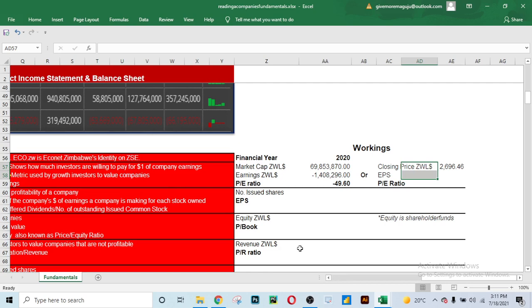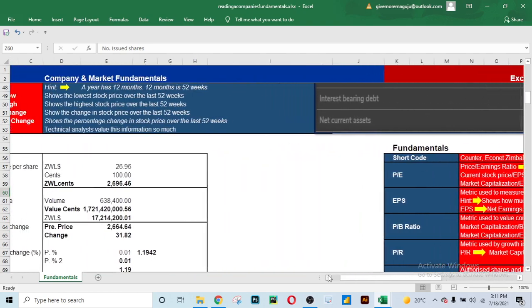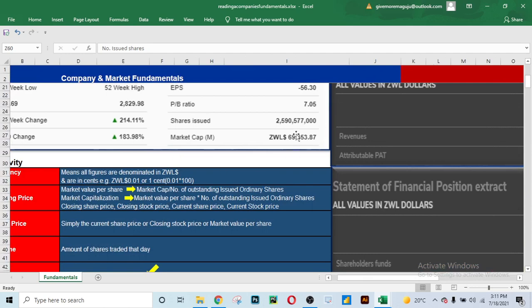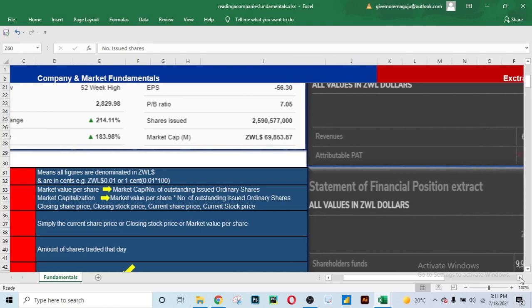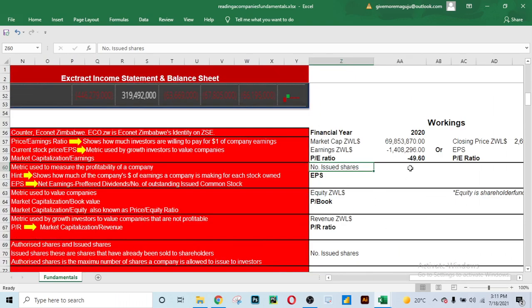Okay, so we've got our earnings figure there, which is fine. So we need the number of issued shares, right? So the number of issued shares, we get it here. Right, this is the number of issued shares, 2590577. Right, that's the number of issued shares. So we said 2590577. Perfect. That's great.